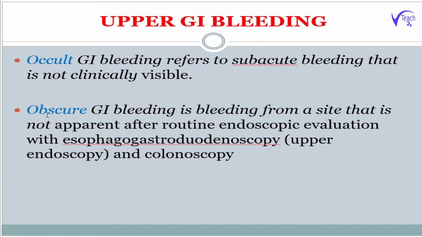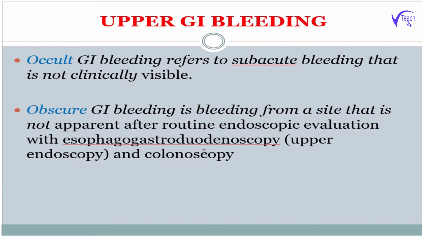But obscure bleeding is a bleeding from a site that is not apparent after routine endoscopic evaluation with the upper GI endoscope and the colonoscope. Means that it is not up to the second part of the duodenum, or from lower down if we are going up, not up to the level of the terminal ileum.